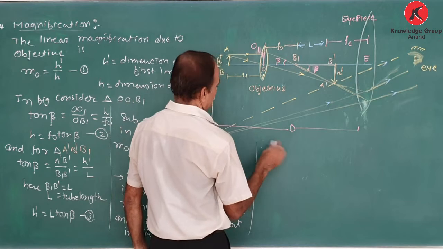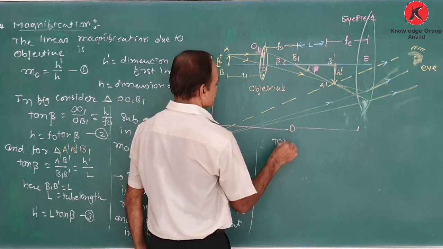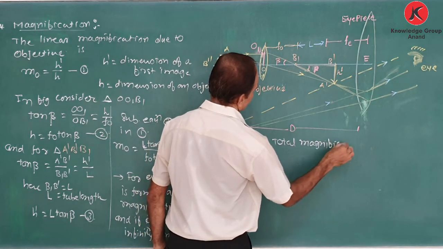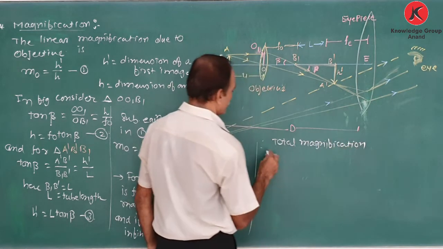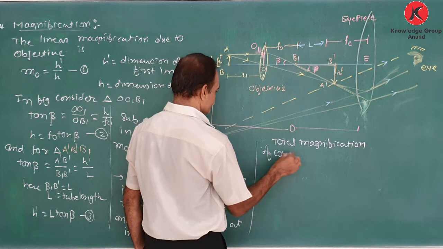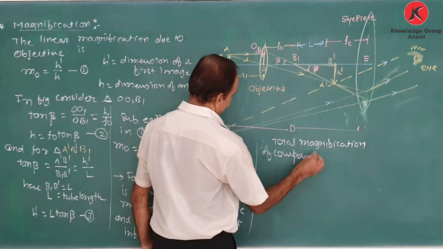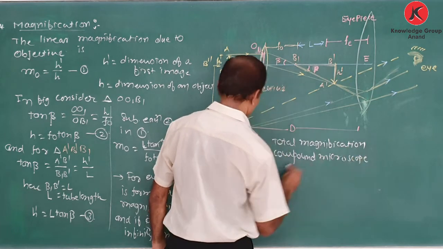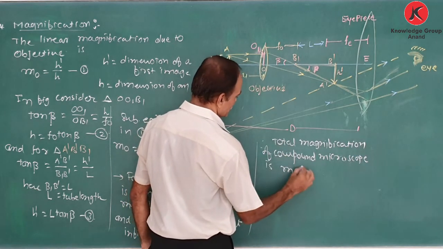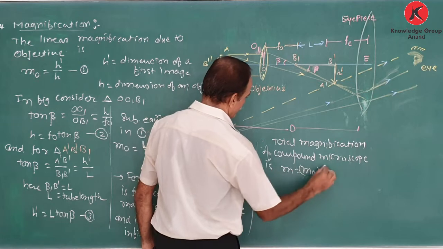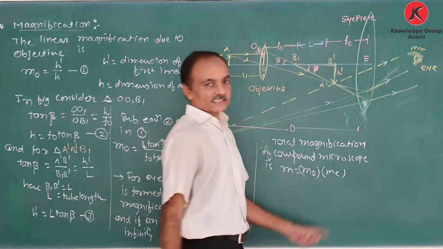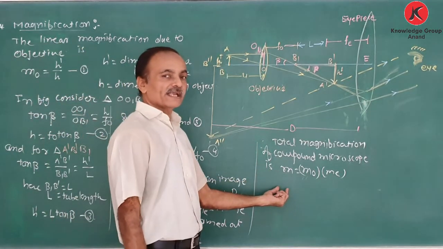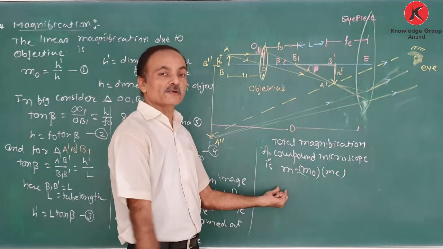Therefore, the total magnification of a compound microscope is M is equal to M0 into ME, because that is the combination of two lenses. Already we obtained the equivalent magnification for combination of two lenses.